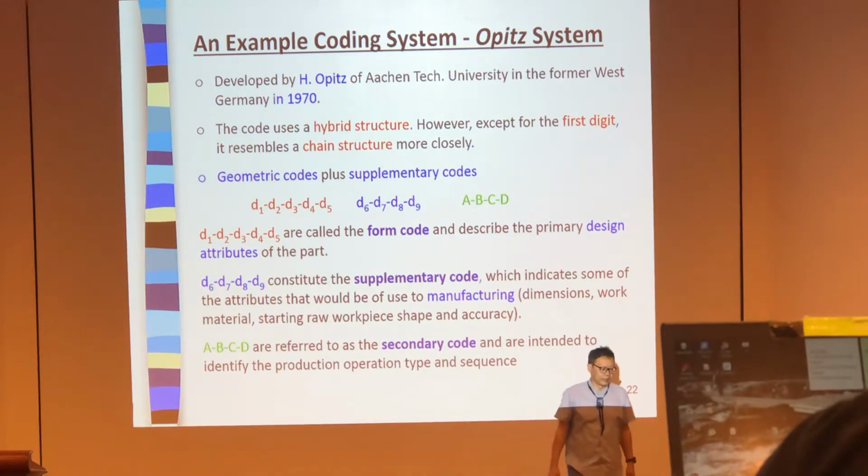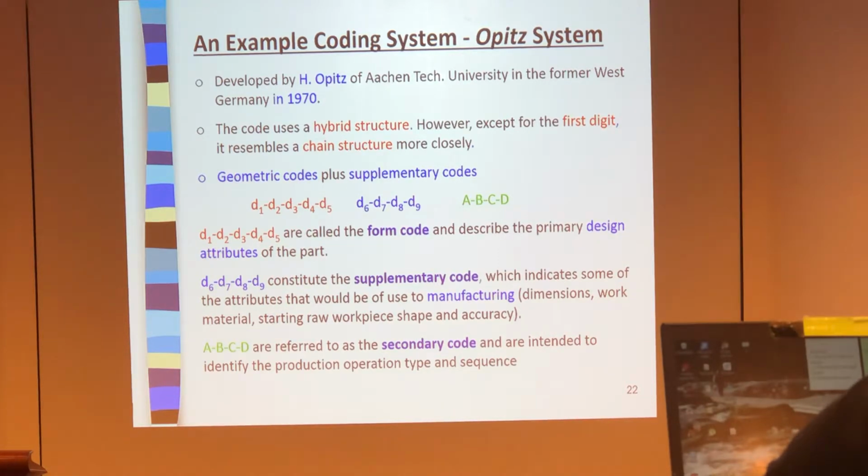With such a coding system of 13 digits, each digit has a range of values. So the types of attributes and their representation actually constitute a very thick handbook. If you want to use such a system, you have to get that handbook and refer to examples when you code your part.